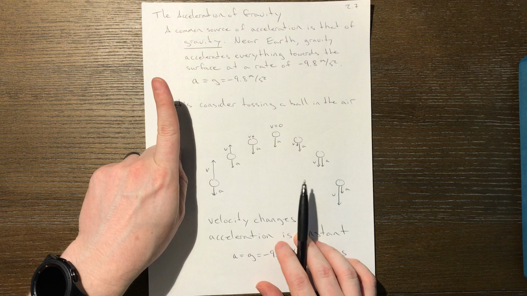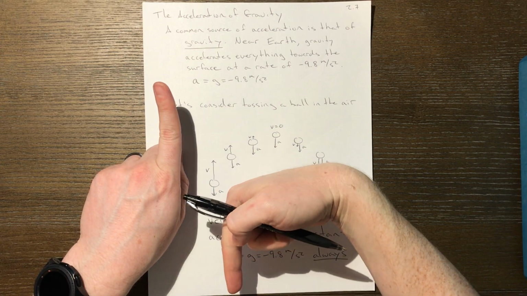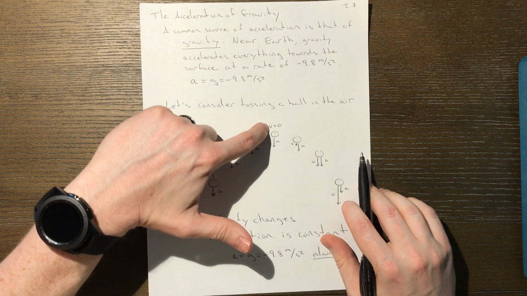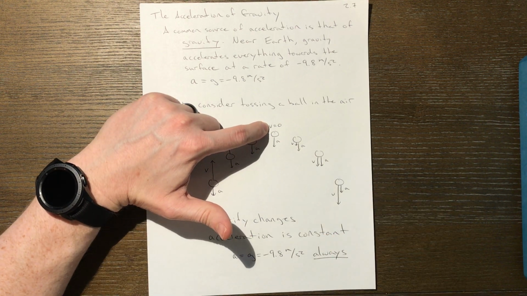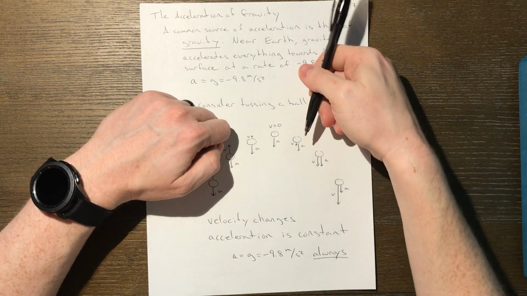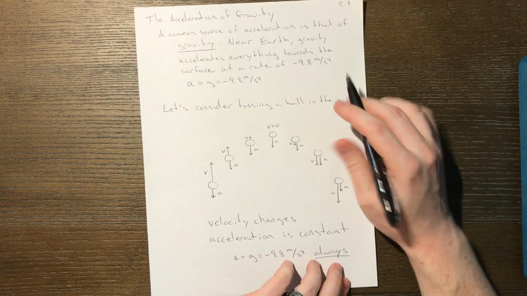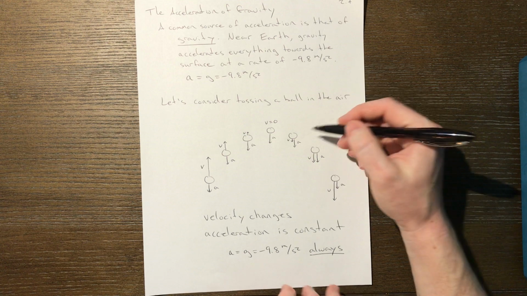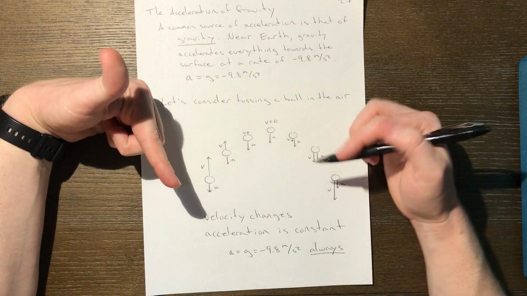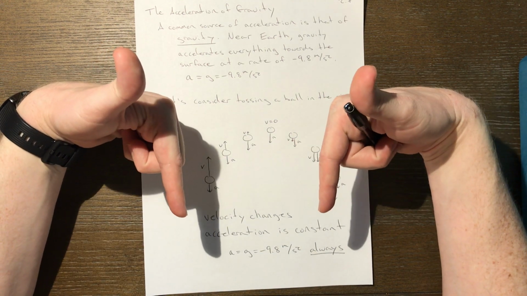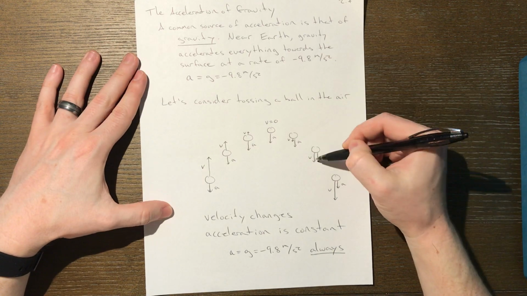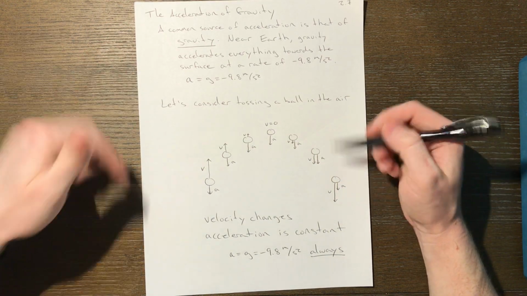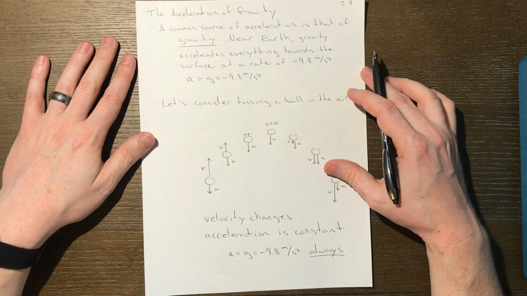It has an upward velocity, but with acceleration downwards, that velocity is going to shrink and shrink and shrink until it becomes zero, at which point gravity begins accelerating it downward, causing its velocity to become negative. And once its velocity is negative and the acceleration is also negative, we see it speed up. That velocity vector gets bigger and bigger, but in the negative direction.